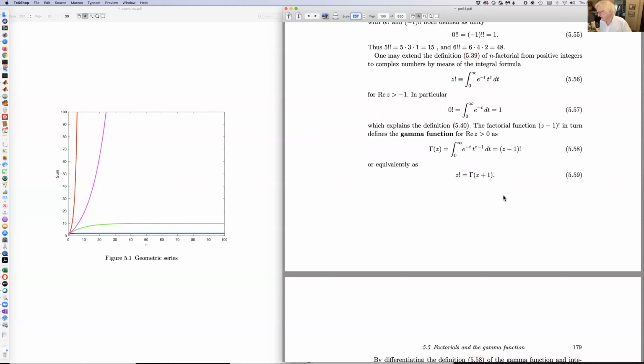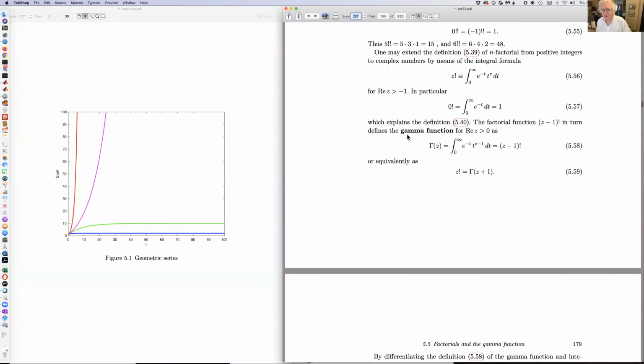Now, one of the things that's frankly annoying is that the gamma function, which I think should have been defined as simply the factorial function so as to make things simple, is instead offset by unity. So the gamma function of z is z minus 1 factorial, which is really kind of annoying.